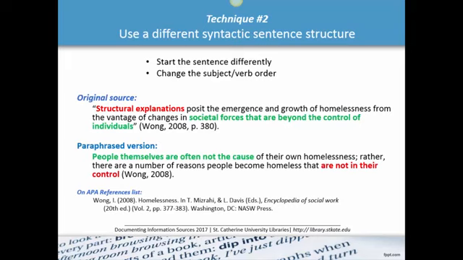In my paraphrase version, I wanted to convey those same ideas, so I focused on these 2 main points. I changed them, as you can see, by changing not only the order of these main points, but also by substituting terms that are more in keeping with the tone of my paper.